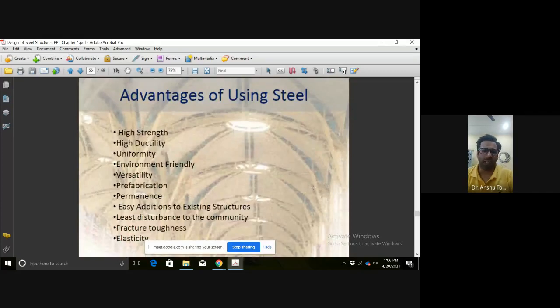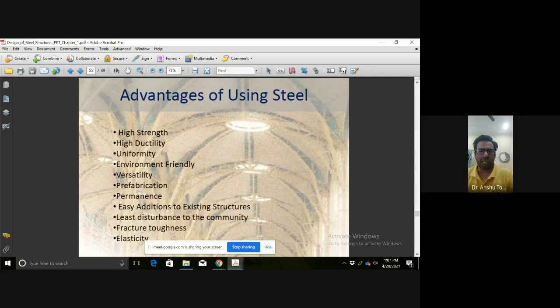What are the advantages of using high strength steel? This is in relation to concrete, masonry and wood. These are basically four materials of construction. In increasing order of strength: wood, masonry, concrete and steel.